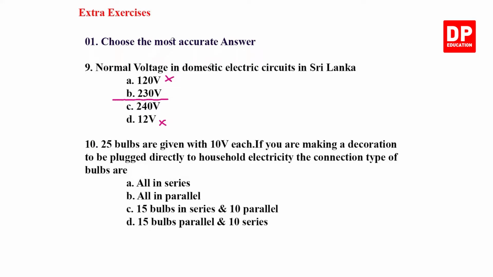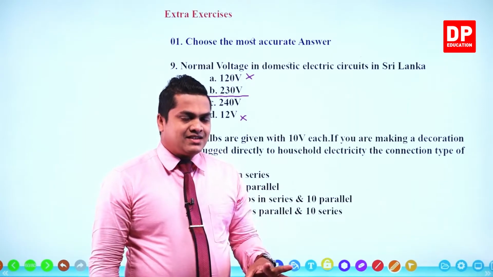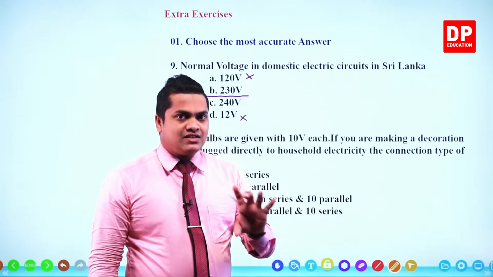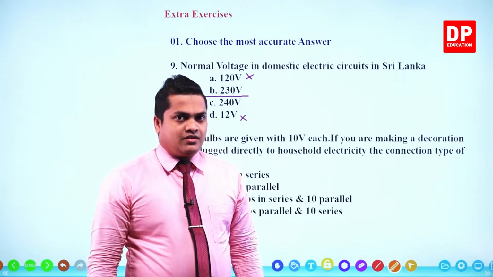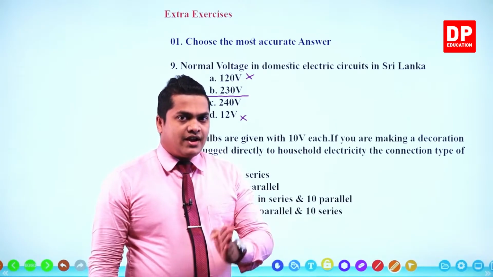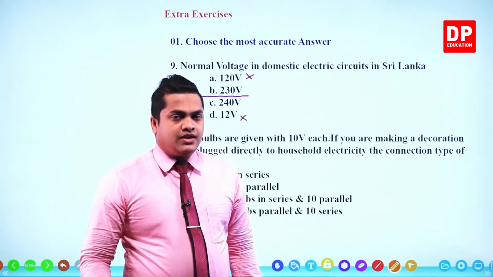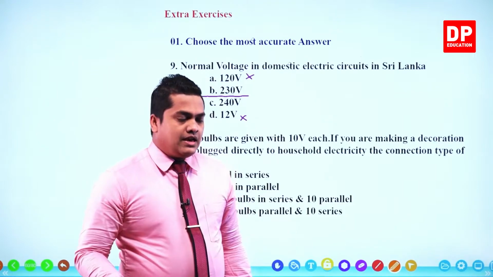So my dear children, if these bulbs are connected in a series connection, we discussed that in a series connection the voltage is getting divided into several segments and passed on to the next one, right? Like this.